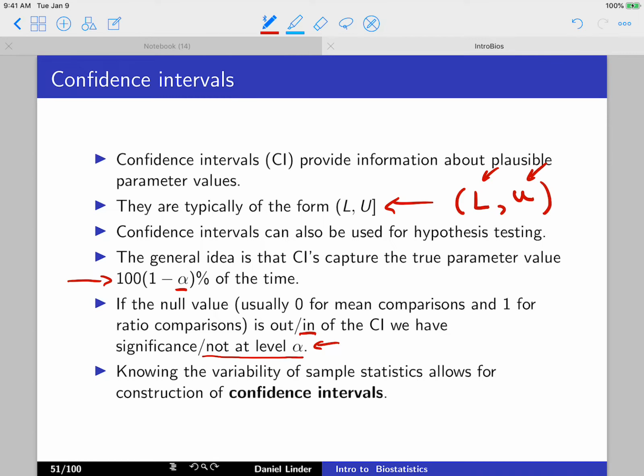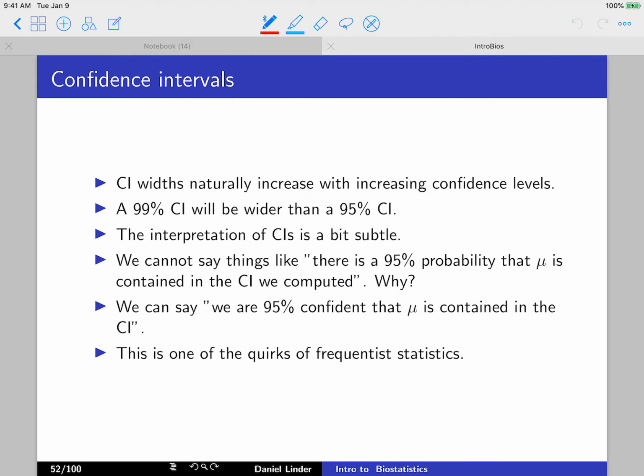But let's talk about variability. Knowing the variability of our sample statistics, and not just the variability but also the distribution of the sample statistics, allows us to construct these confidence intervals. So some general properties of confidence intervals: your confidence interval width is going to increase if you increase your confidence level.